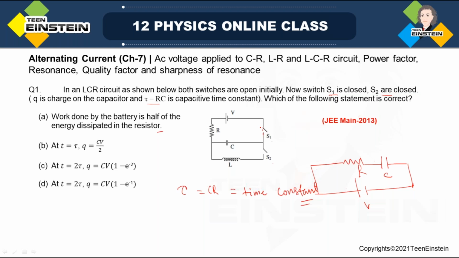So we can see for charging a capacitor, this is actually a charging circuit as I said. So both are closed. You can see this is actually charging of capacitor. And as you know, since this is a DC current, even if this is closed, see this is an inductor coil.